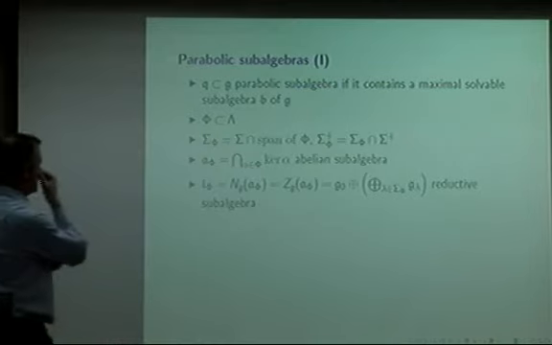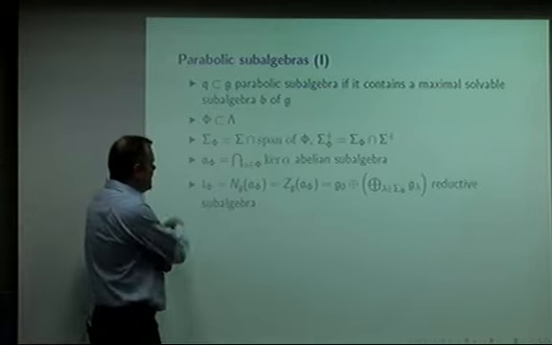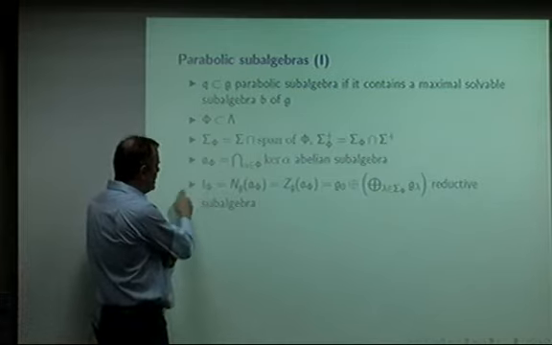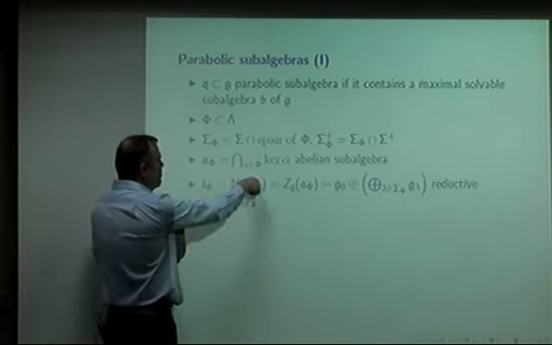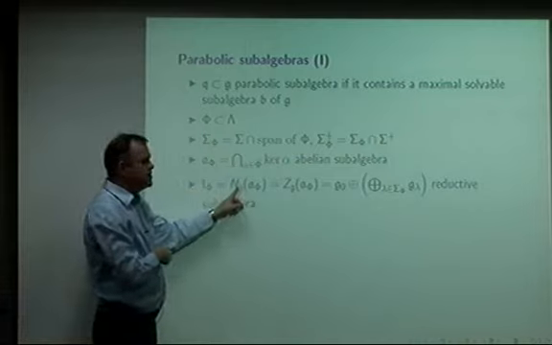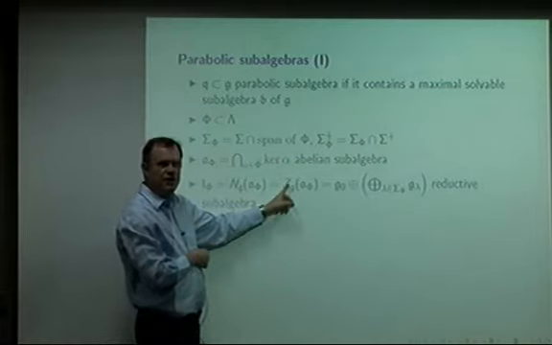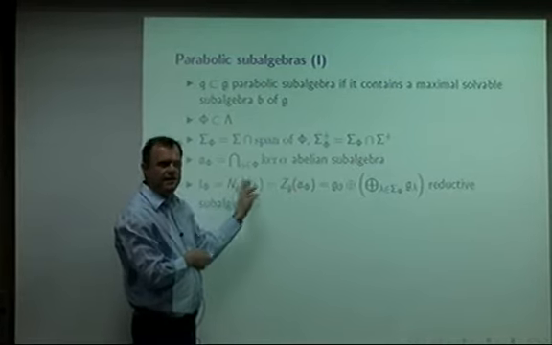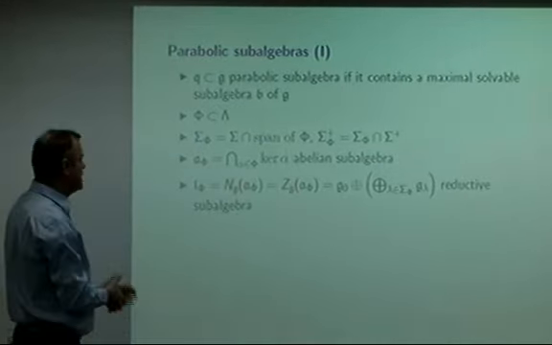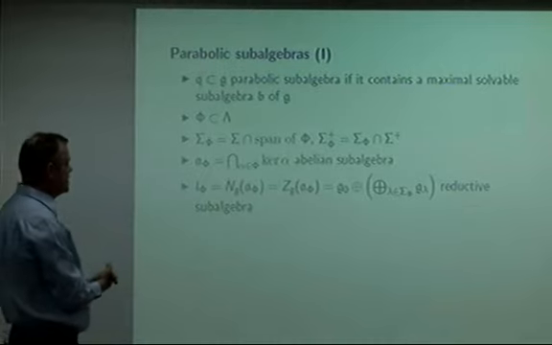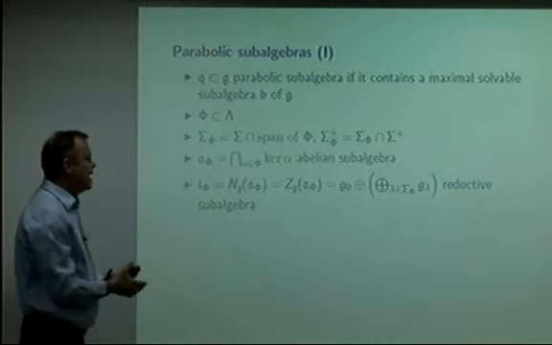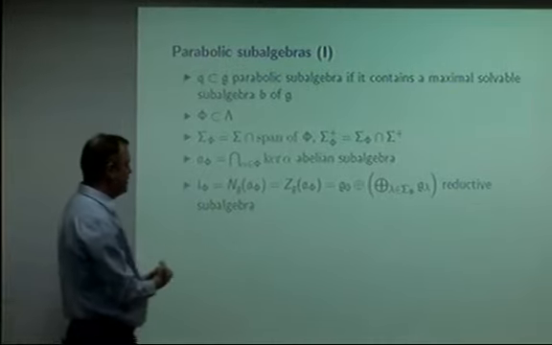And now what we do is we define a subalgebra of G by taking the normalizer of this abelian subalgebra. Now one can show that this is equal to the centralizer of that A phi. That's the same. It doesn't matter if we take the normalizer or the centralizer in this particular situation. Or if you like, in terms of roots, that's very simple then.